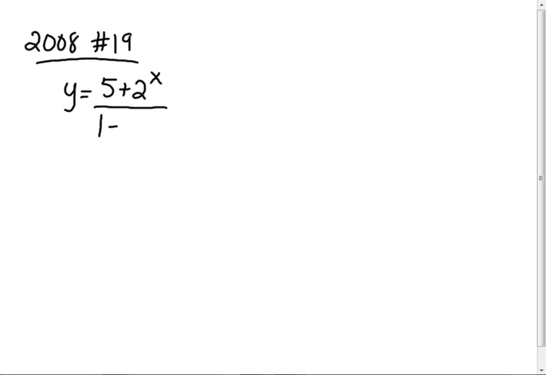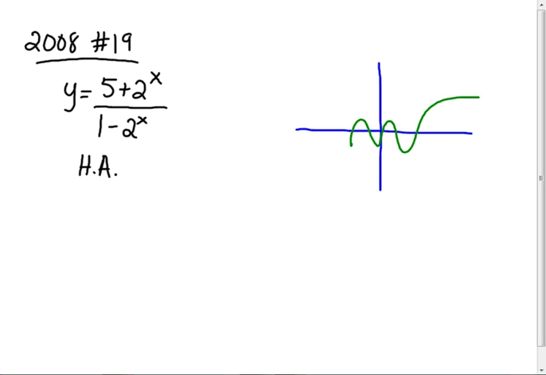This is asking for horizontal asymptotes. You remember how to find a horizontal asymptote? That's a vertical asymptote. Horizontal asymptote is, I don't care what's happening in here. It doesn't matter. But what is this doing?